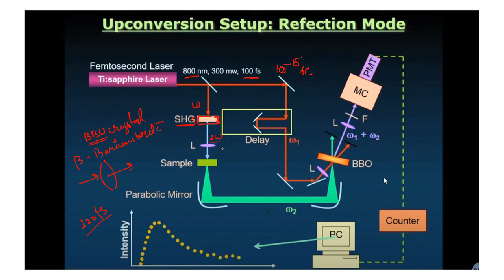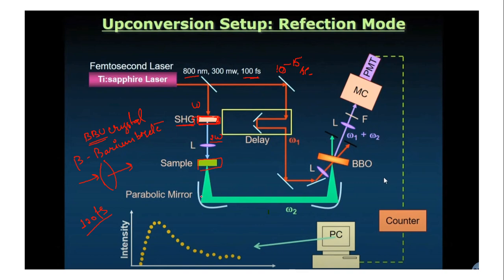Now what we have got is 2 omega. Again, this passes through the filter and goes to the sample. To the sample, what it gets is the pure 2 omega frequency. Now, the fluorescence light emitted by the sample goes through the system of parabolic mirrors, unlike the transmissive mode where lenses were used.